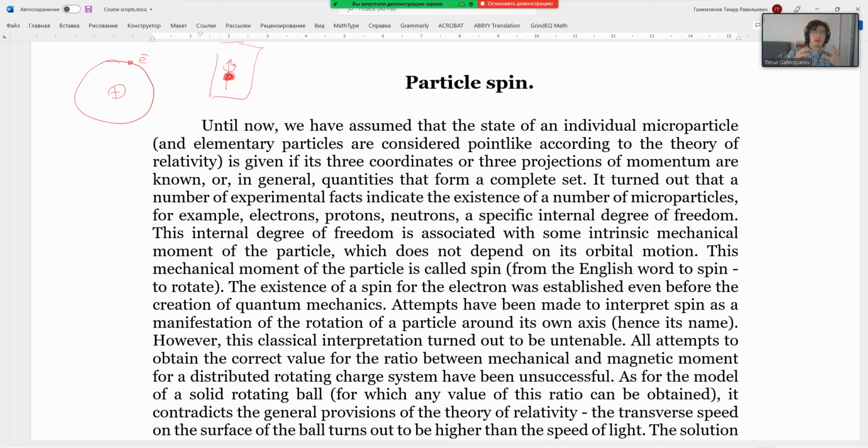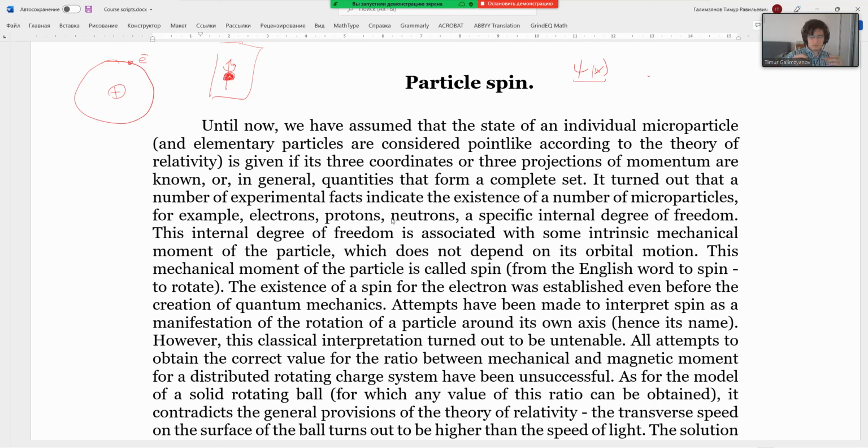They do not have dimensions, because the wave function gives us the probability to find the particle at some point, but it does not give us information about the size of this particle.